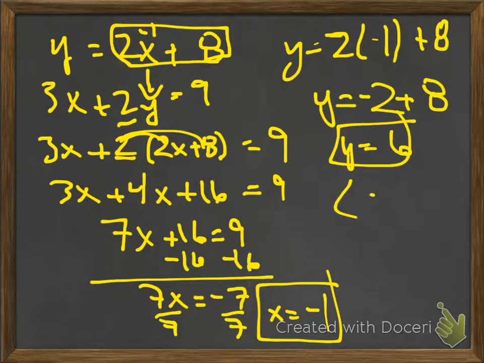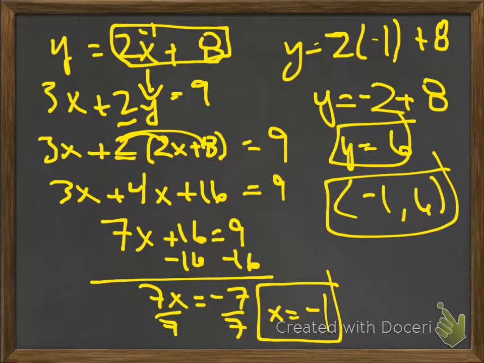And there's my answer. Okay, so again, all I've done is substitute into one equation, one variable, and then do steps: distribute, combine like terms, add or subtract, multiply or divide.